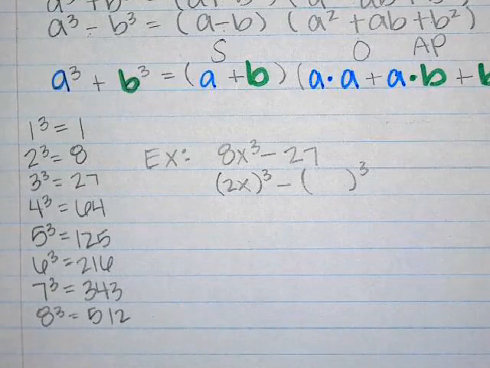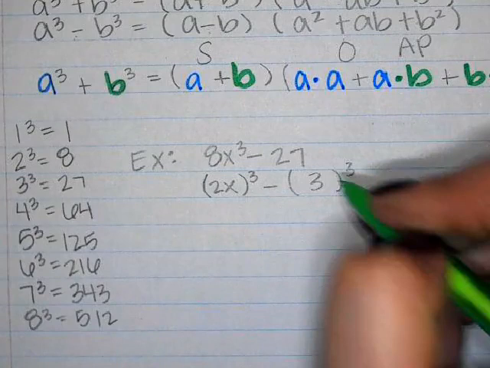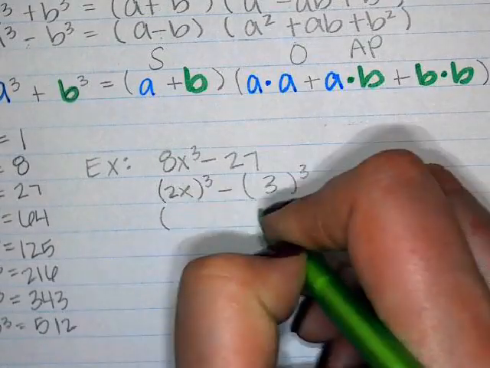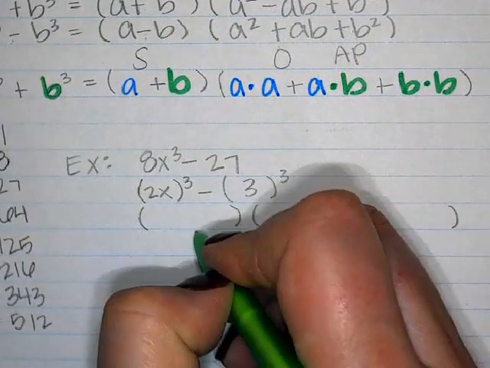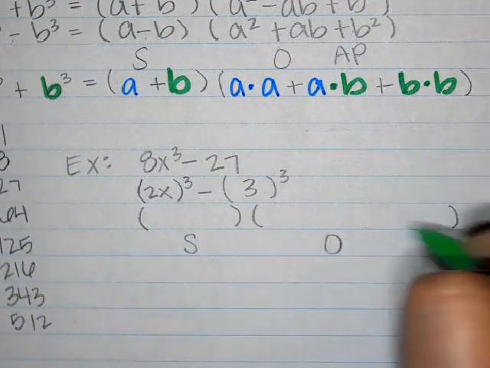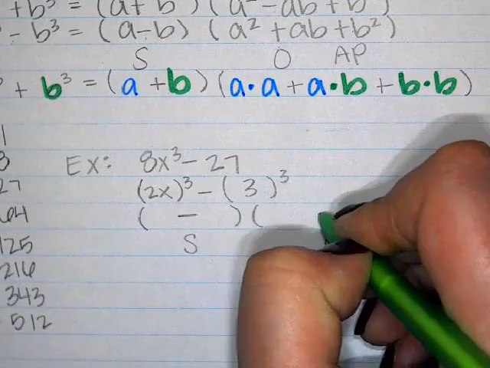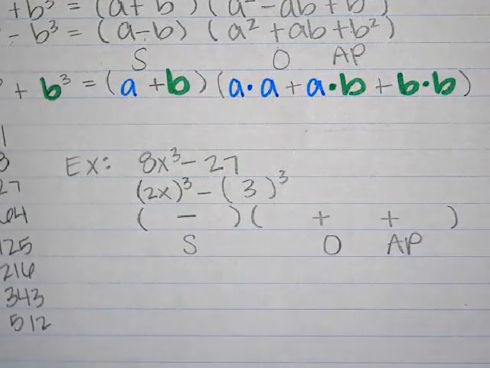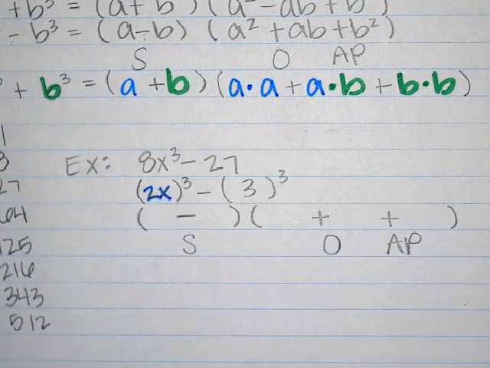So I'm going to put my little set of parentheses and my big set of parentheses. I'm going to put my same sign, my opposite sign, my always positive sign. And then I'm going to grab my colors. First color goes with A, that's 2x. I write it once in the first set of parentheses. And in the second set of parentheses, we do 2, 2, 2.